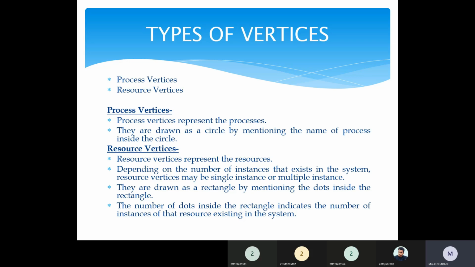All these are instances of the input device type, so all are common. These are all instances of the resource type existing in the system. Depending upon the number of instances that exist in the system, resource vertices may be single instance or multiple instance. Based upon the process requirement, the process may use a single instance or multiple instances.